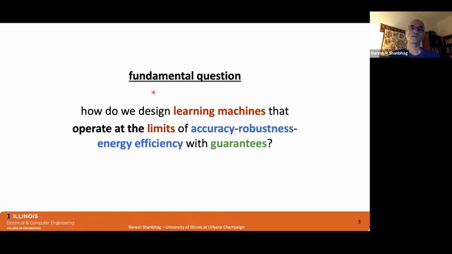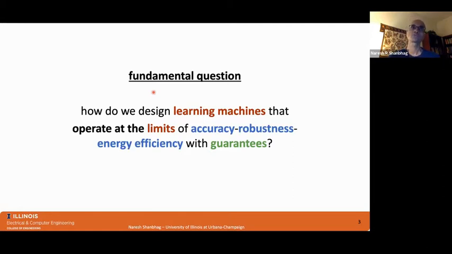And so in our group, and I think a lot of us in the architecture and circuit community, ask this question: we want to design machines that can learn, but we want to operate them at the limits of accuracy, robustness, and energy efficiency. We want to know what those limits are, because those limits are also not known.